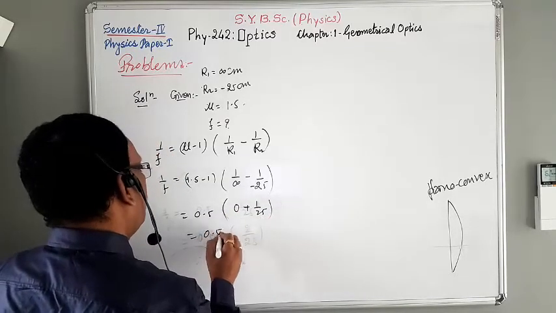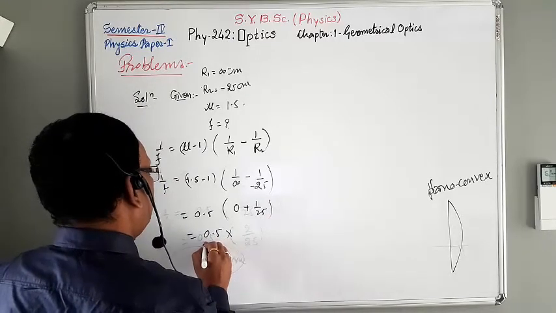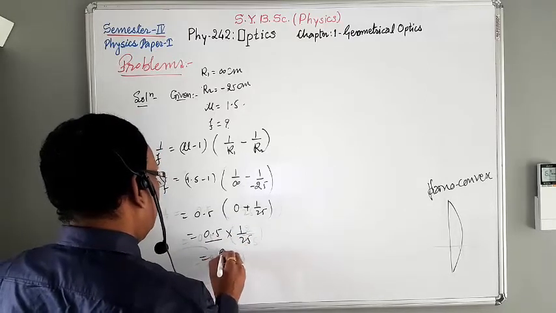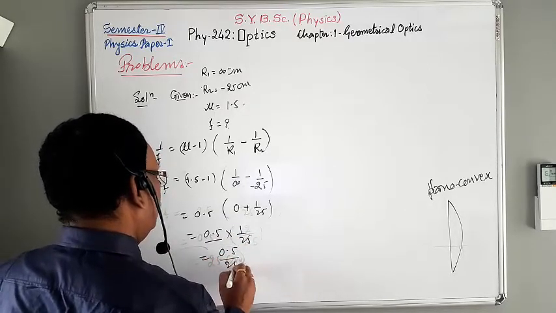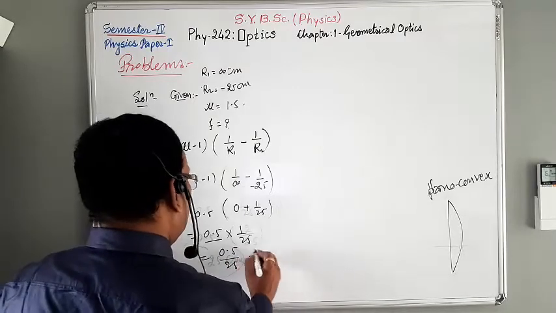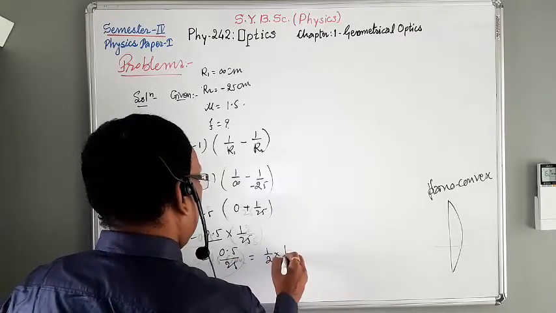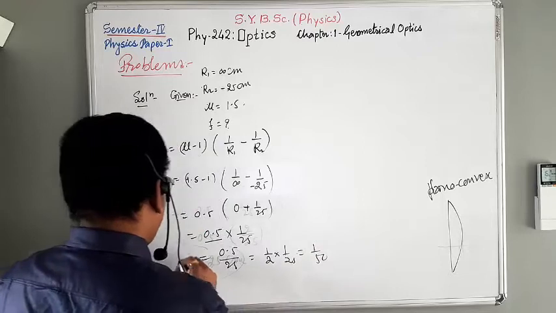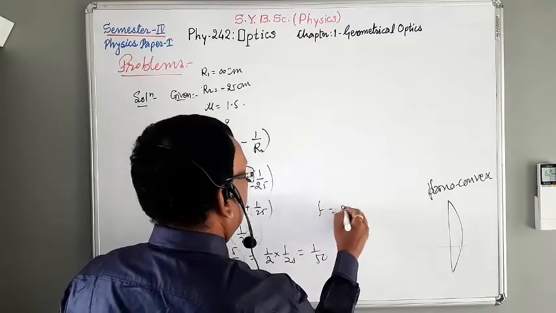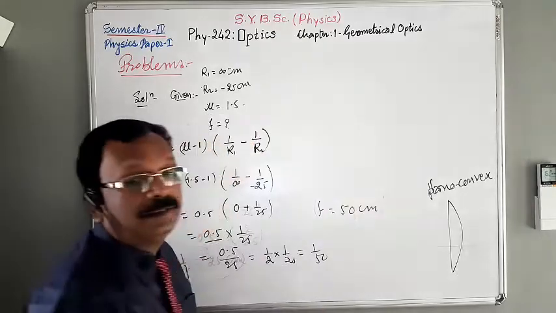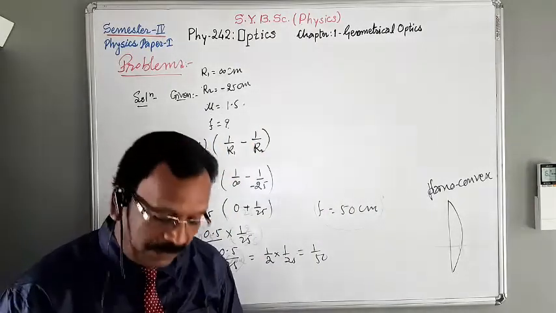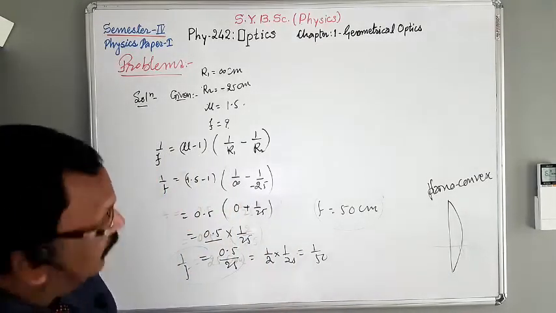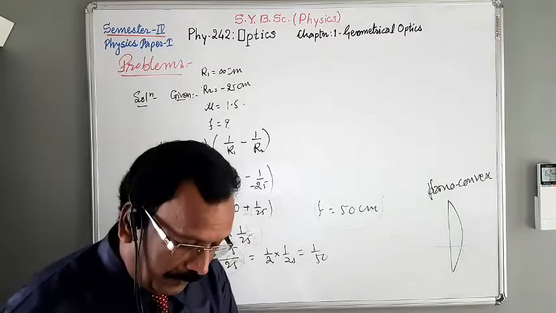So 0.5 into 1 upon 25, or 0.5 upon 25. It is not necessary to use the calculator. 0.5 is nothing but 1/2, into 1 by 25, is equal to 1 upon 50. So 1 upon f is equal to 1 upon 50, that means f is equal to 50 centimeter. Without using the calculator, we can find the value of the focal length.